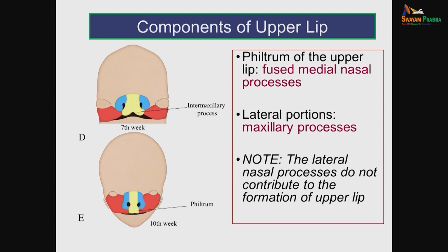At this stage, it is very important to note that the lateral nasal process do not contribute to the formation of upper lip. Only the fused medial nasal process forms the philtrum. Lateral portion is formed by the maxillary process. Lateral nasal process do not contribute to the formation of upper lip.